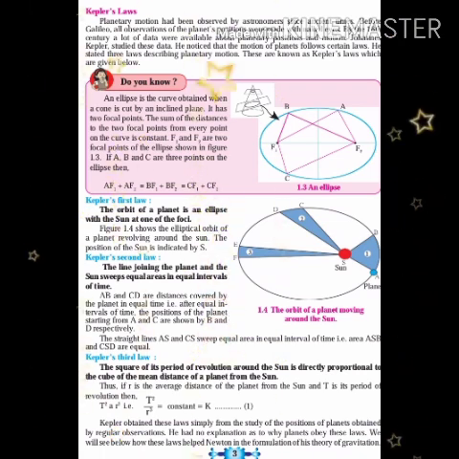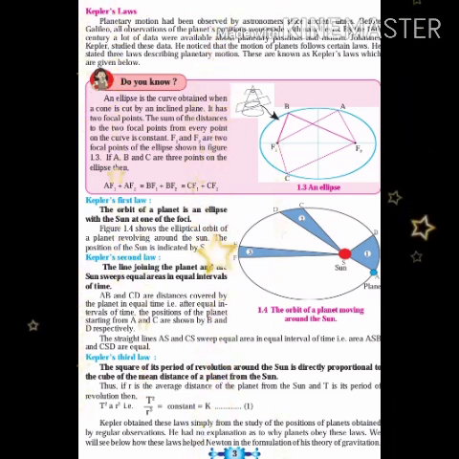As far as the second law of Kepler is concerned, he states that the line joining the planet and the sun sweeps equal area in equal intervals of time. We will move toward the diagram now.